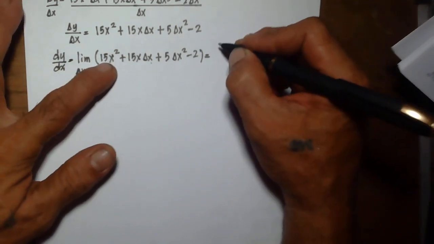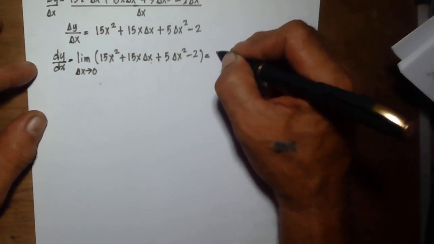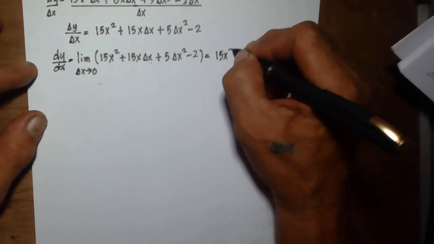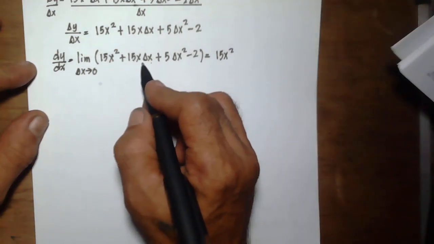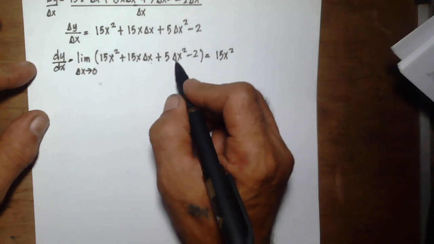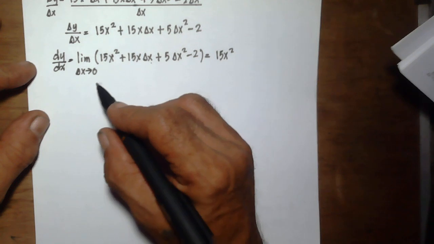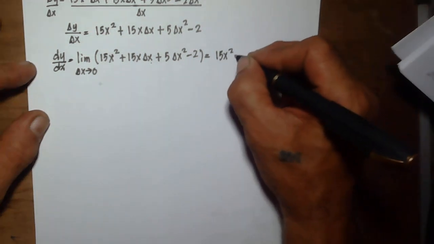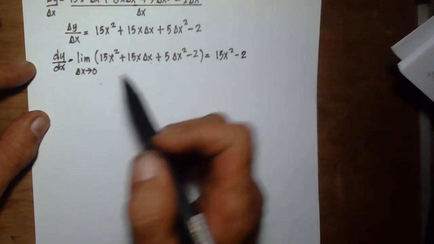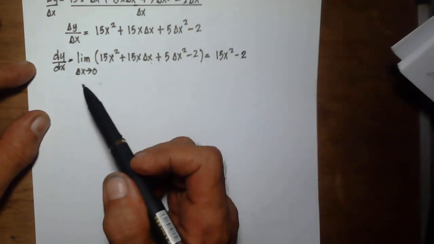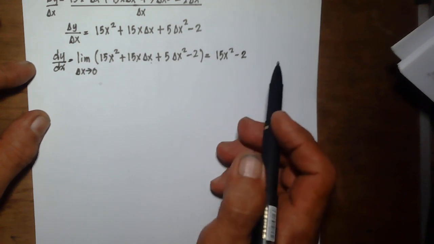For 15x squared, since delta x is 0, we have 15x squared, and we substitute delta x with 0 and this becomes 0. This also becomes 0, and this is the limit of negative 2 as delta x approaches 0, and that is equal to minus 2. So dy dx is equal to 15x squared minus 2.